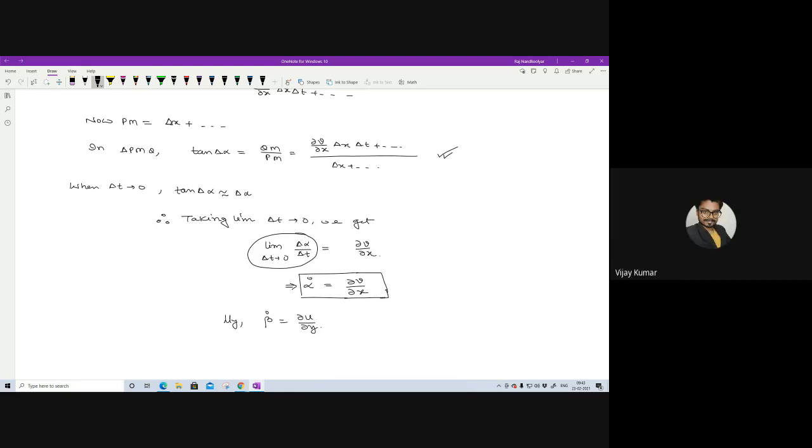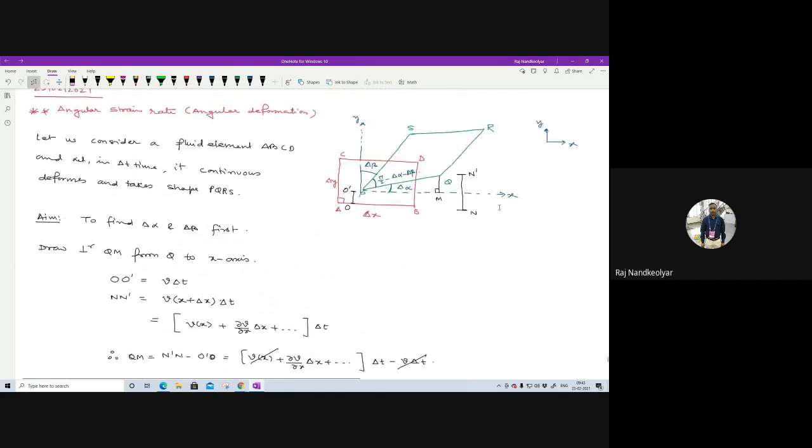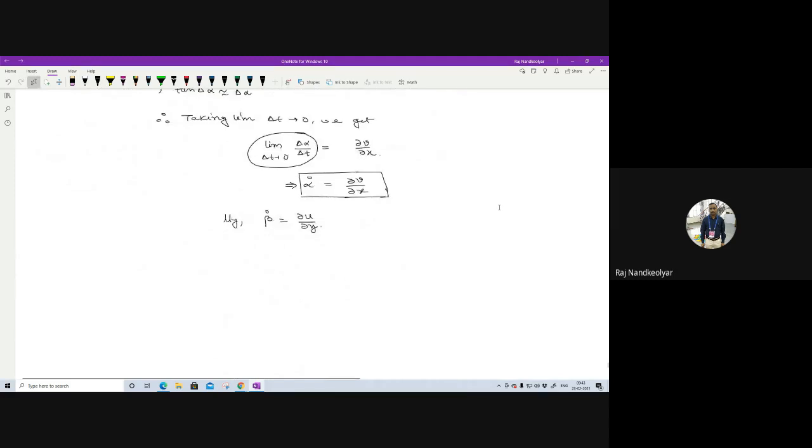So we have already obtained alpha dot and beta dot, the rates of deformation.